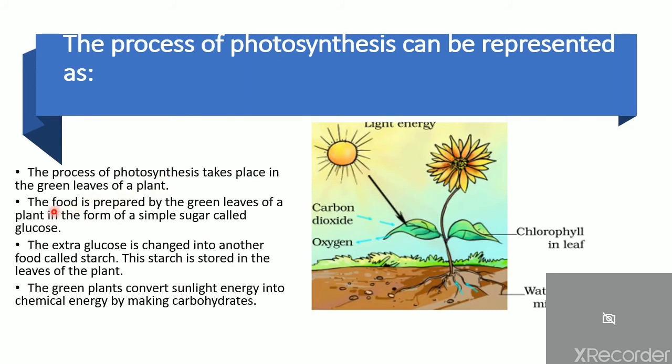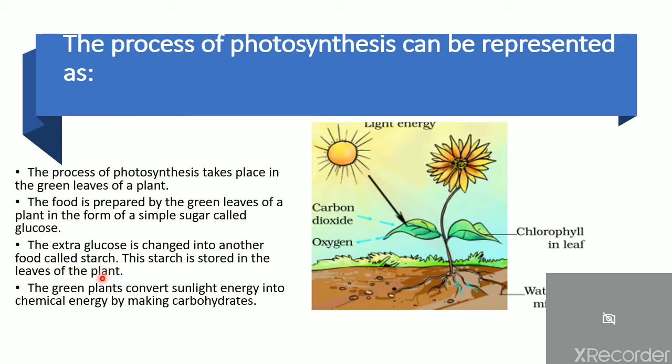Now, the second point is that the food which is prepared by the green leaves of a plant is in the form of a simple sugar. What is that called? That is called glucose. And you know very well the plants do not make food in a limited amount but in a huge amount, and the extra glucose is stored in different parts of the plant in the form of what?